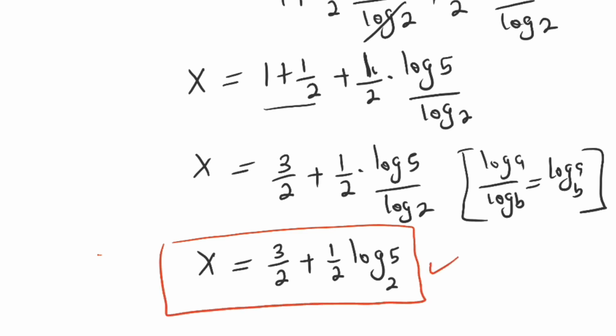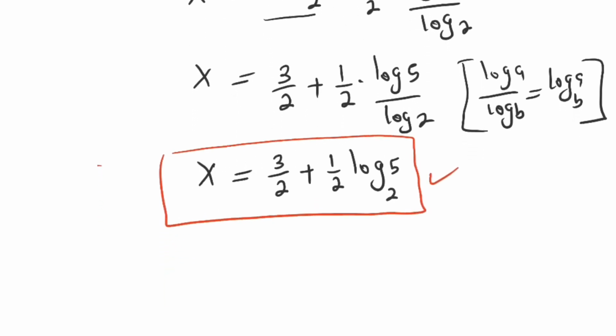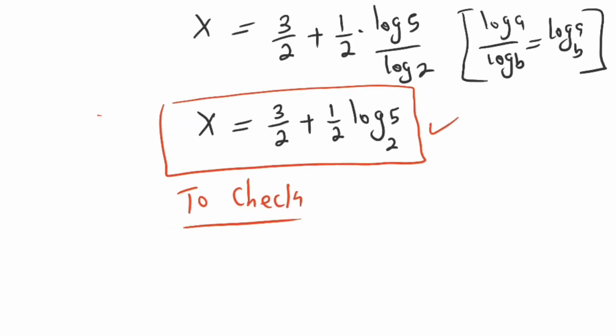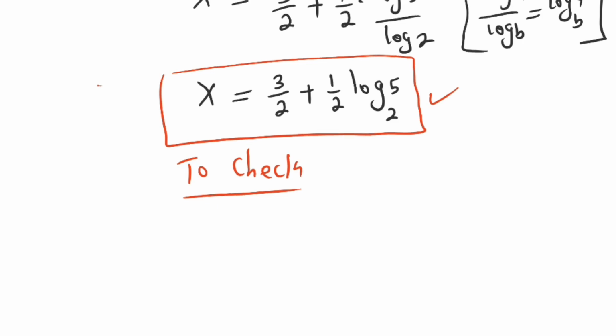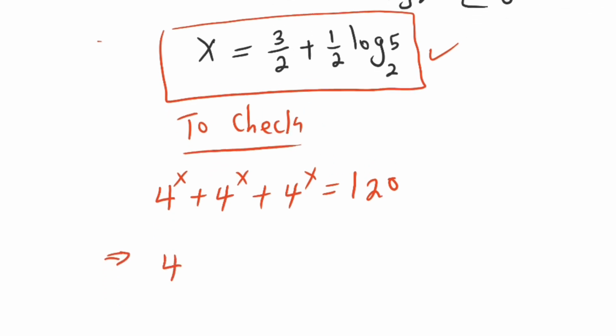We may check to confirm if this answer is right or wrong. Let's check. To check, we have the given equation: 4 raised to power s plus 4 raised to power s plus 4 raised to power s is equal to 120. This is the same thing as 4 raised to power s multiplied by 3 is equal to 120.